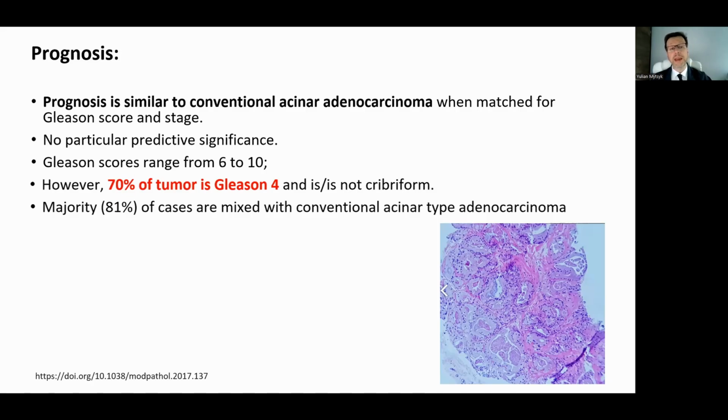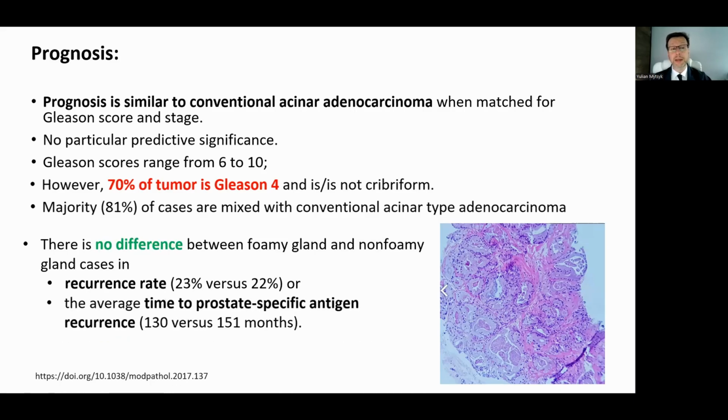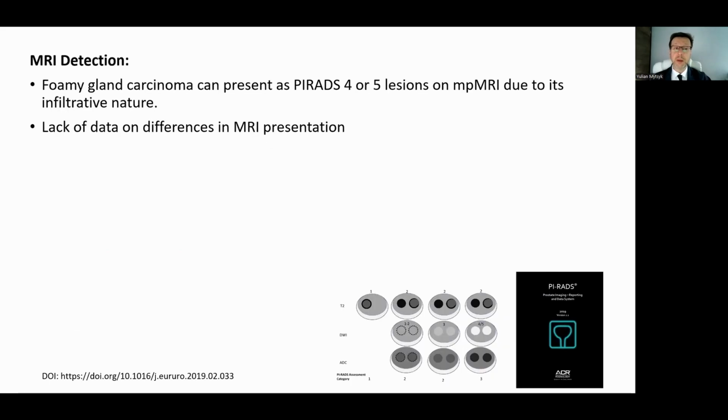In the majority of cases it is mixed with the conventional acinar type of adenocarcinoma, with no difference between foamy gland and non-foamy histology in recurrence rate, and no difference in time to prostate-specific antigen recurrence.